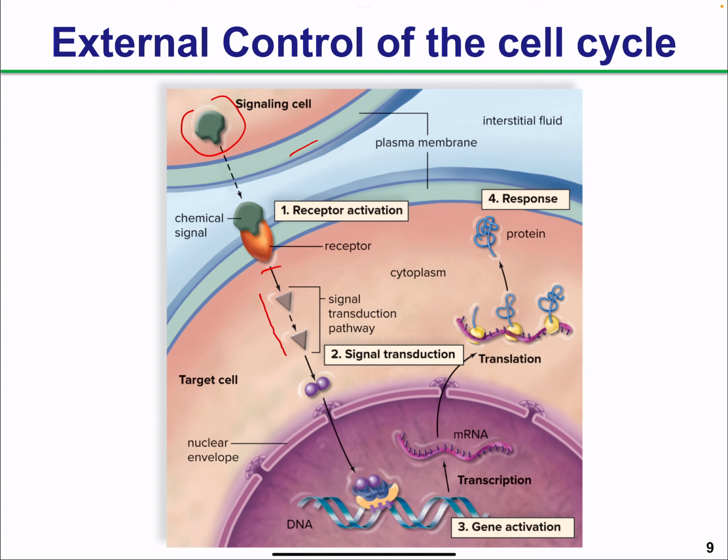That signal transduction pathway is going to stimulate expression of some genes involved in causing the cells to divide. These genes, whose expression is causing the cells to divide, are called proto-oncogenes.